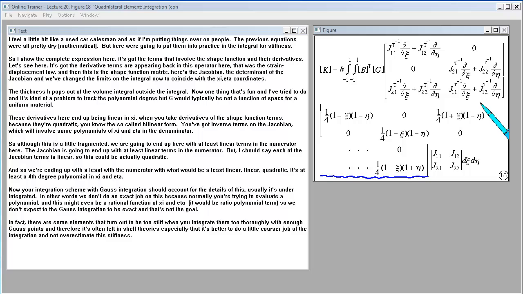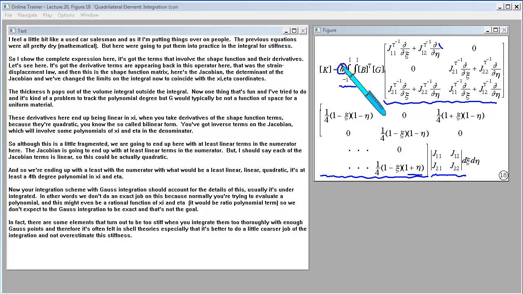The derivative terms appear in this operator here that was the strain displacement law, and then this is the shape function matrix. Here's the determinant of the Jacobian, and we've changed the limits on the integral now to coincide with the xi and eta coordinates. The thickness h pops out of the volume integral.